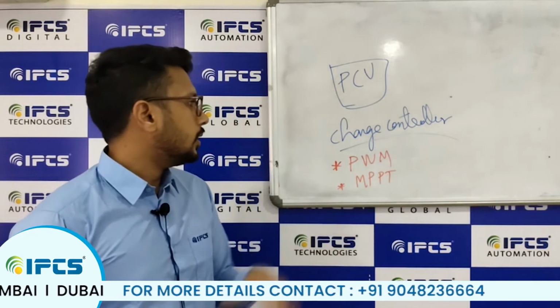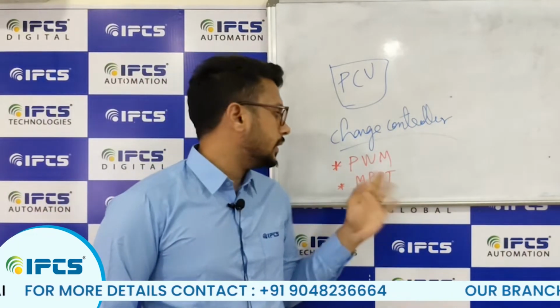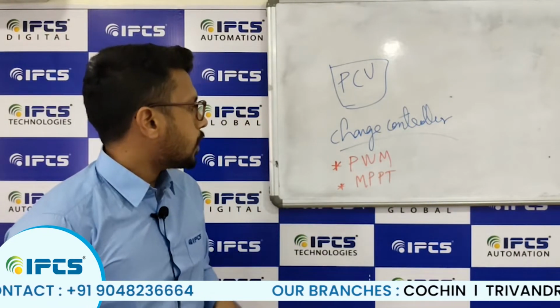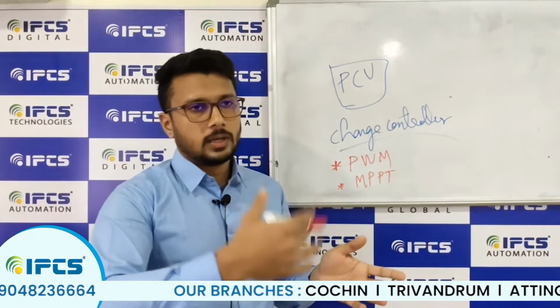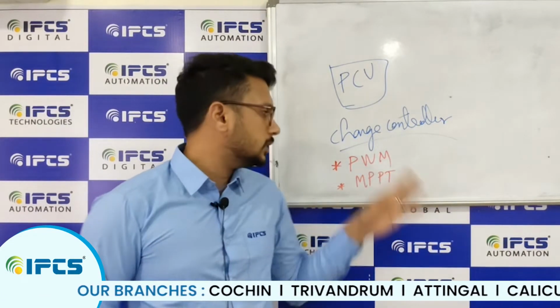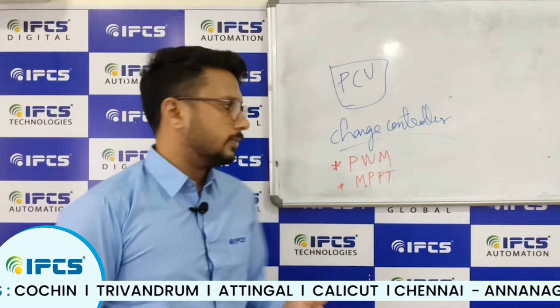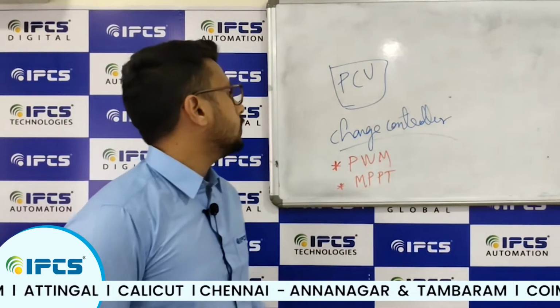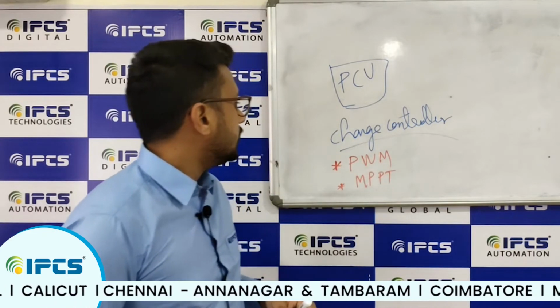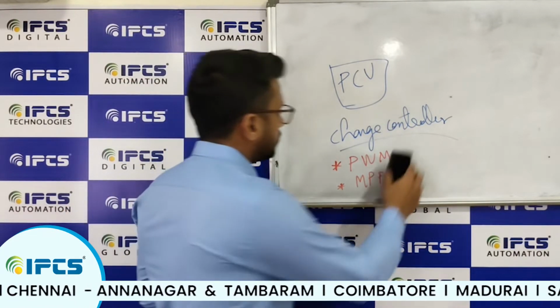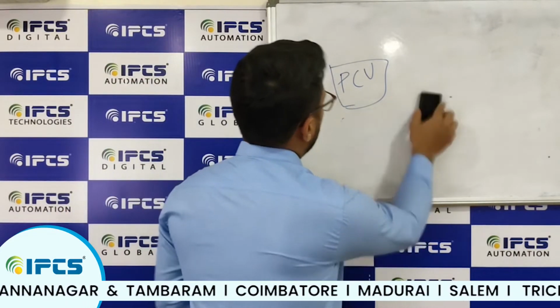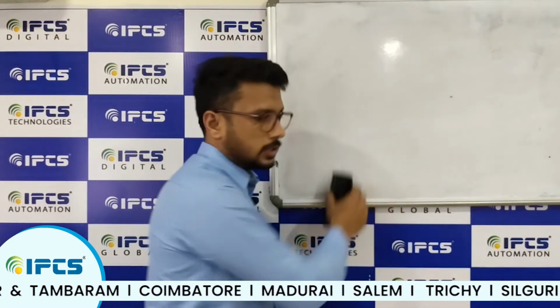And from 2 kilowatts onwards we will get MPPT charge controllers. Now see, PWM is used to regulate the voltage, while MPPT will balance both the voltage and current, and thereby we will get the maximum wattage or maximum output. So that's the main difference between an MPPT and a PWM charge controller.